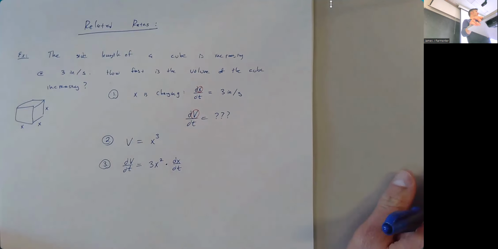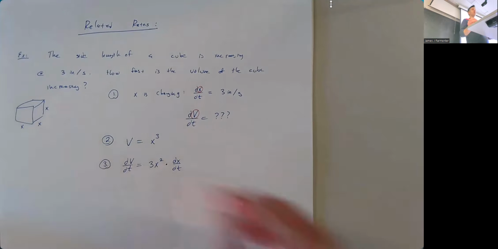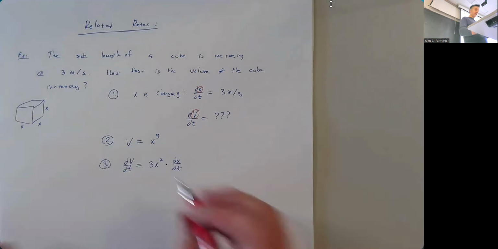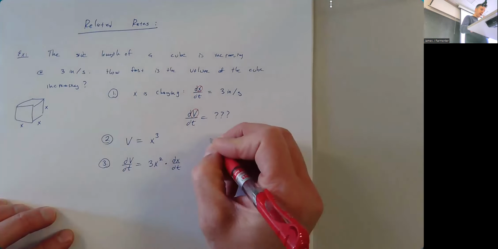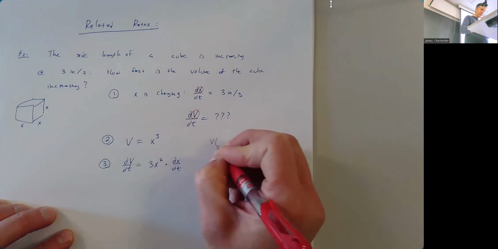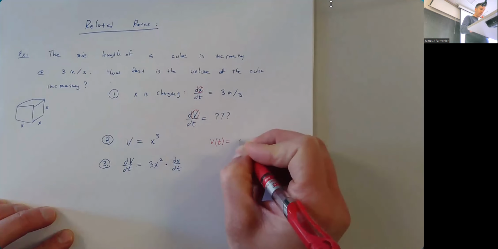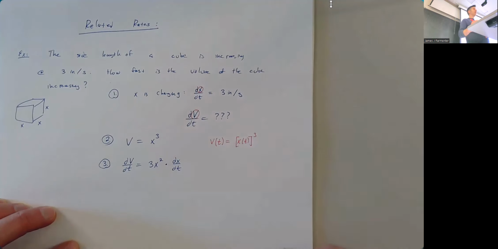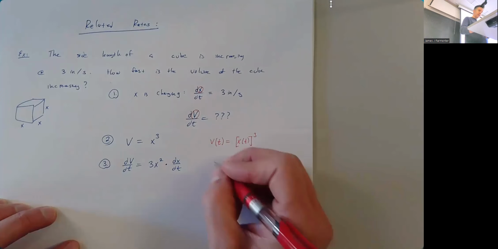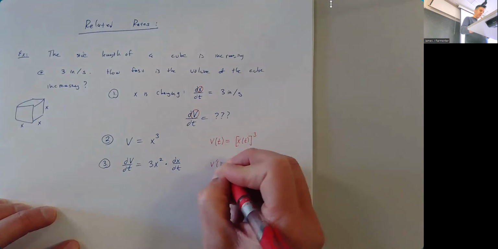Yes, if it's helpful, and it might be helpful, you might prefer to write this original equation as volume as a function of time equals side length as a function of time cubed. And then when you differentiate both sides, the derivative of V(t) is V prime of t.